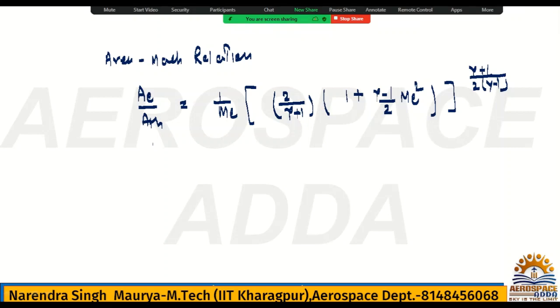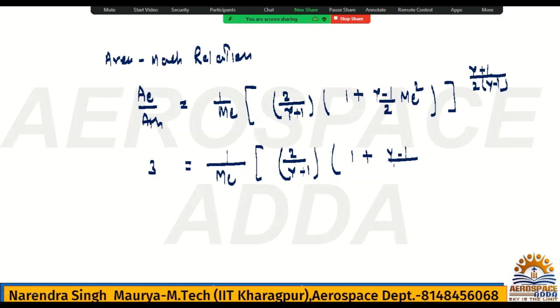Now if you solve this value, what they have given, this ratio they have given 3, so 3 is equal to 1 upon ME, 2 upon gamma plus 1, 1 plus gamma minus 1 by 2 ME square, the whole power gamma plus 1 divided by 2 gamma minus 1.